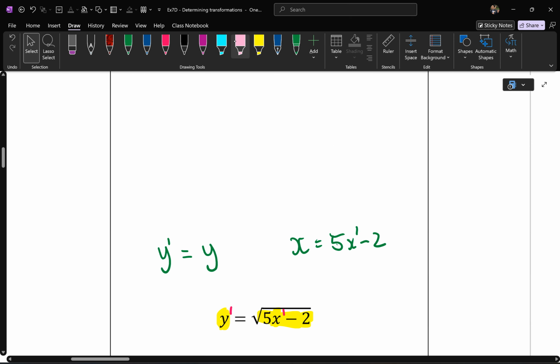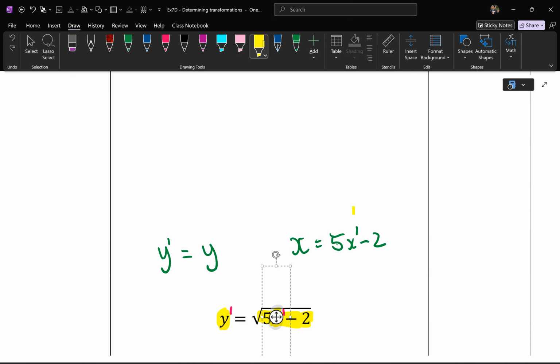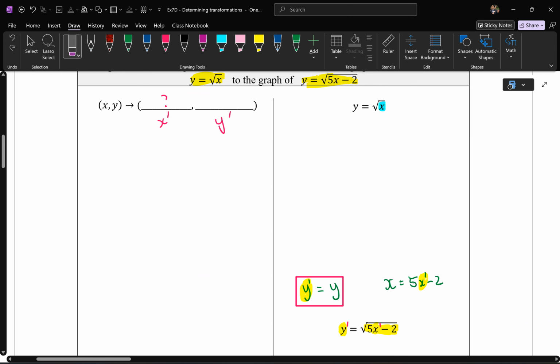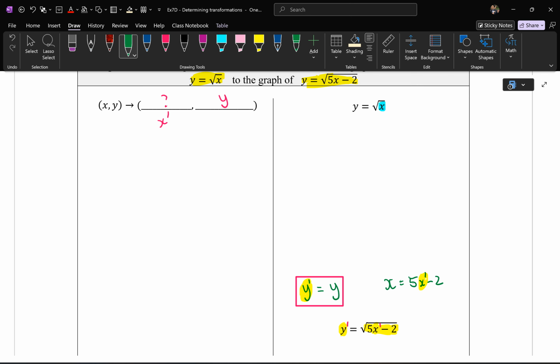Our goal is to find what x dash equals and what y dash equals. Conveniently, y dash is done. y dash actually just equals y. So what that means is in your transformation box here, I now know y dash is just equal to y. So that means there's no transformation to the y coordinate. You just leave it as it is, right? That means all the transformation must be on the x coordinate.